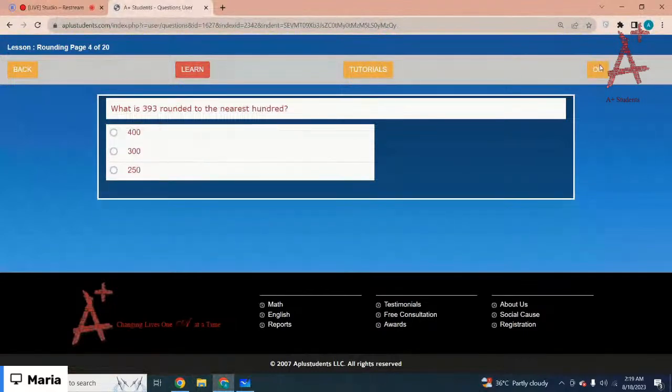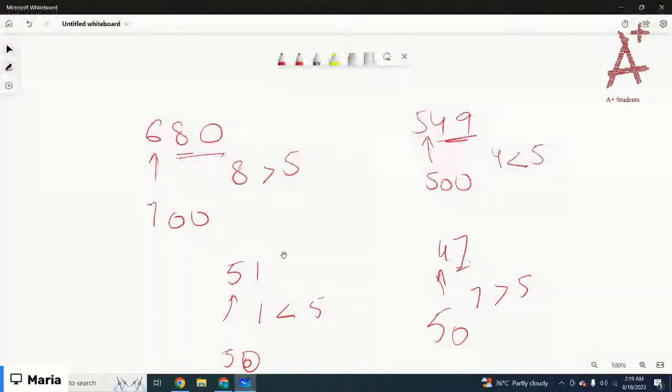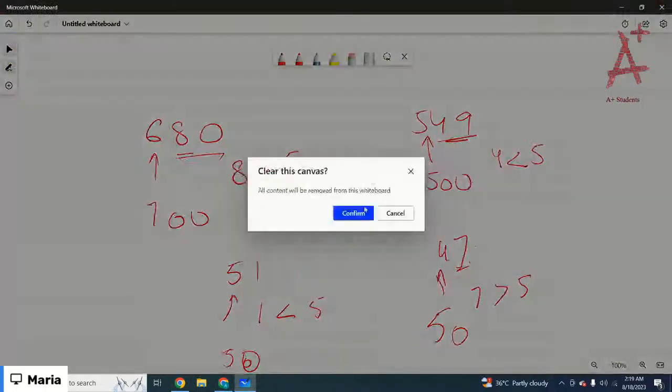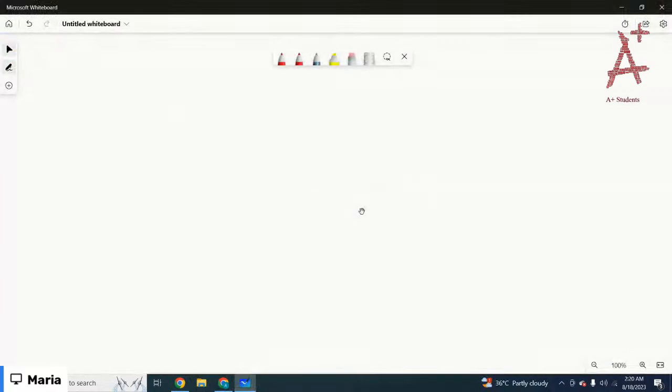What is 393 rounded to the nearest 100? So how can you round off 393? Which is the correct option? Here you have 393. 3 is at the hundreds position.